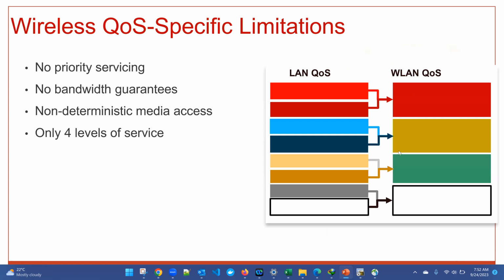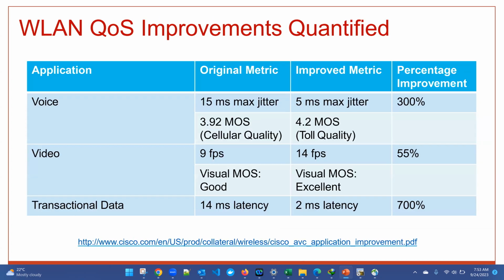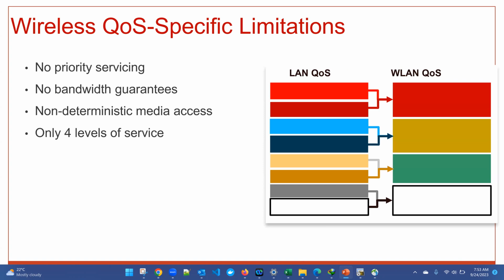So you can understand that in wireless, we have only 4 levels of service, right? In LAN, we have 8 levels of service, means you can go and create 8 different queues. But here you can see that all those 8 queues, you have to map into 4 queues. So these 4 queues that you will create are voice, high priority, low priority, and the least priority.